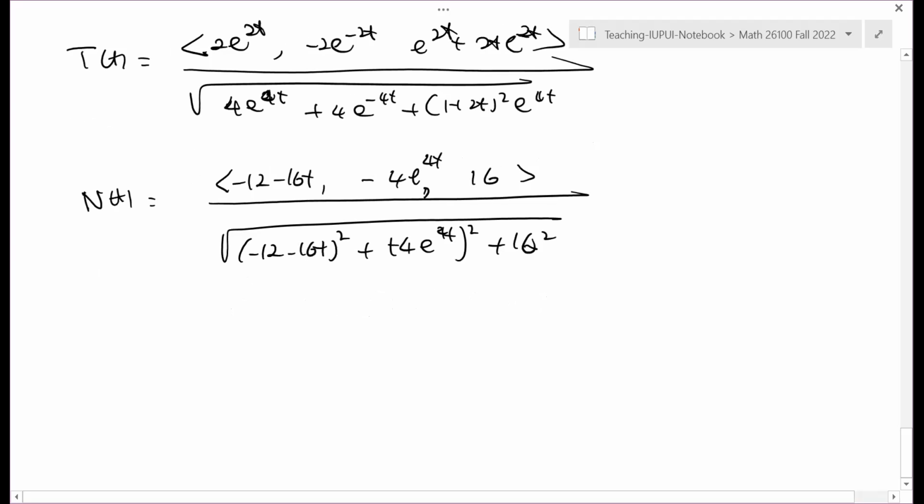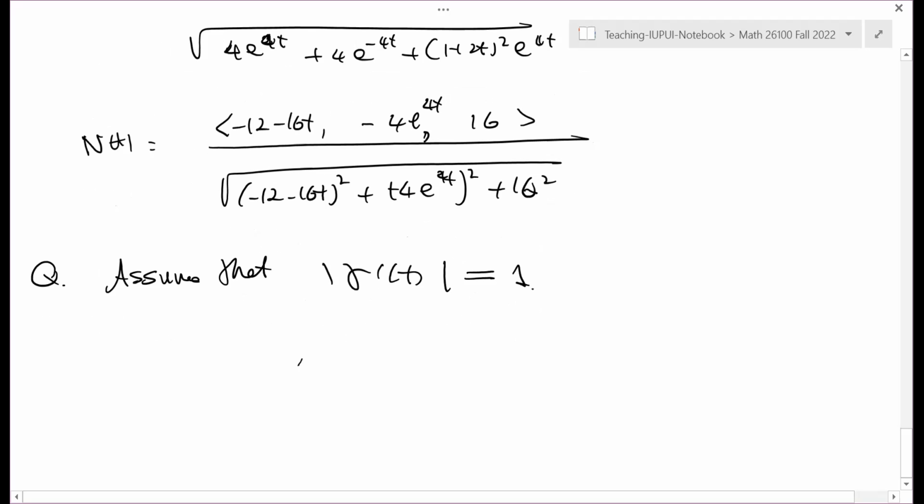Now I'm going to look at a special case. Okay. Assume that this is always equal to 1. Okay. So in that case, what can we get? Right.